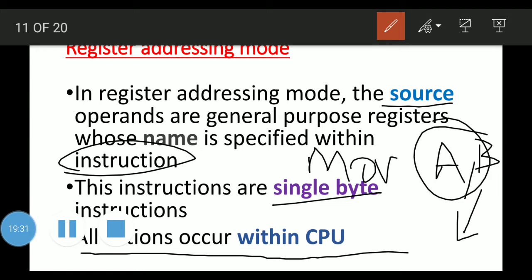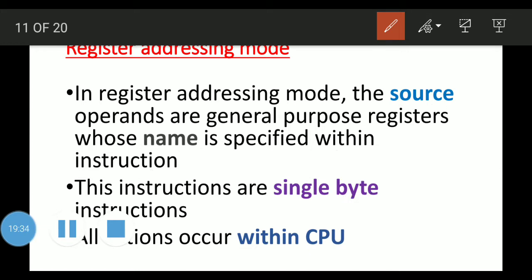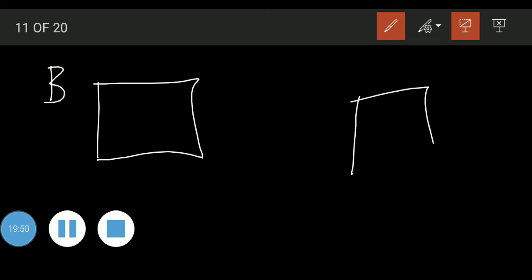Understood everyone what is register addressing mode? Let us take one more example on register addressing mode. Suppose I have the B register and here I have the L register. Now suppose in B it is 30, here 40.